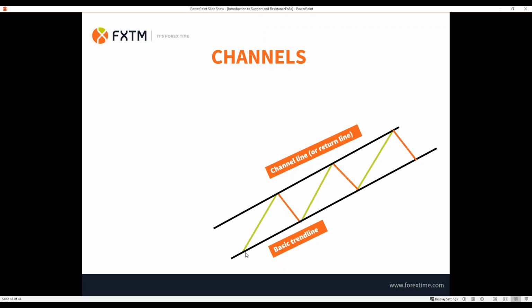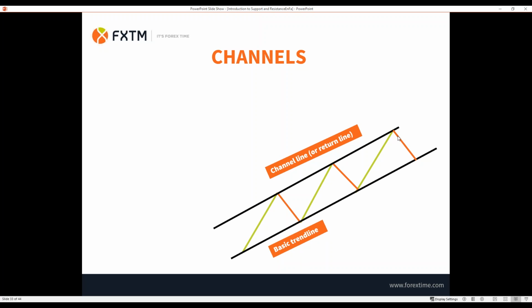So in this case, we have an uptrend channel, and the lower line, which is the uptrend line, has a specific name and is called the basic trend line.